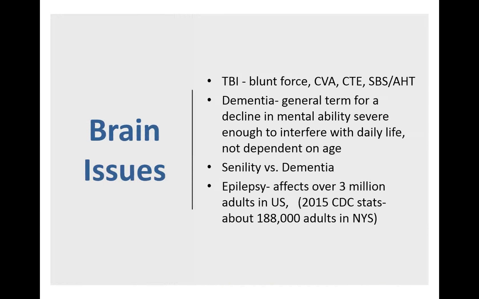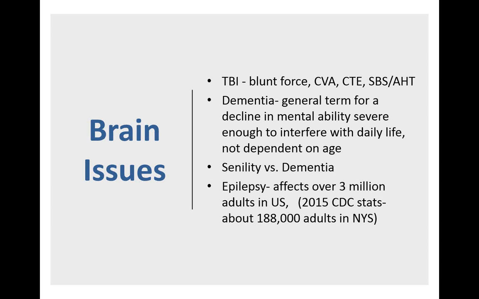As we've discussed in past webinars, both with stroke and other TBIs, any function can be affected by a brain injury. It depends on the area of the brain that is damaged. Chronic traumatic encephalopathy, or CTE, is caused by repeated blows to the head, and it's a big problem in sports like football and boxing.